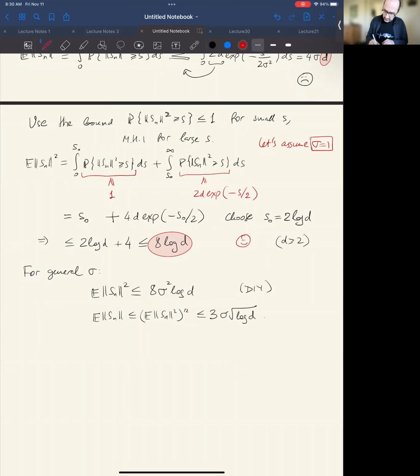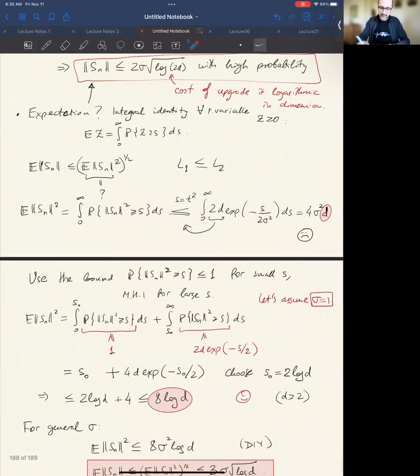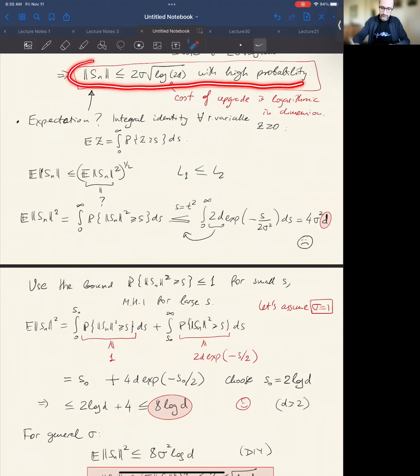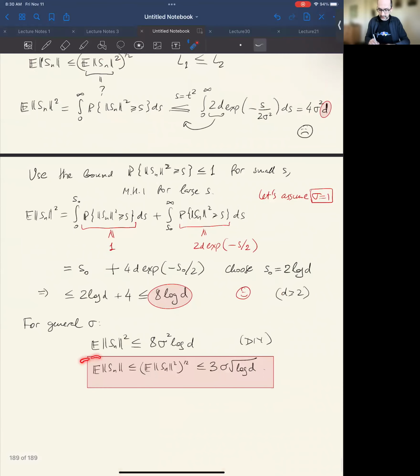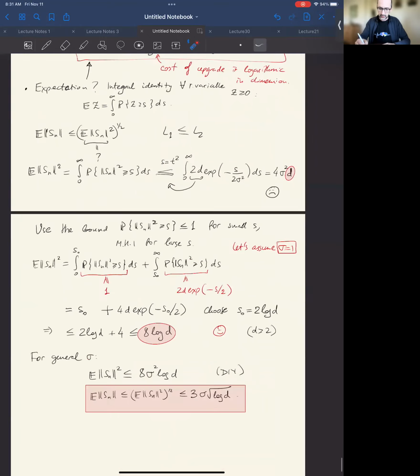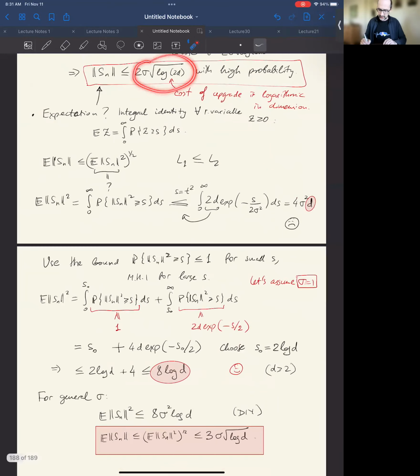That's perfect. This is perfect. It is consistent with this. We first proved that this holds with high probability. And now we proved that this also happens in expectation. So expectation is also bounded by a similar thing, 3 or 2 sigma root log d, that doesn't matter.